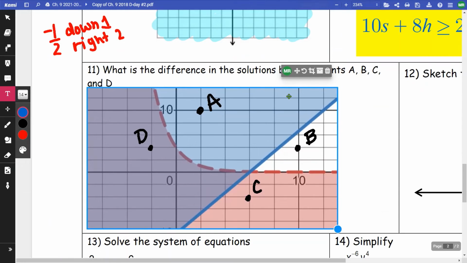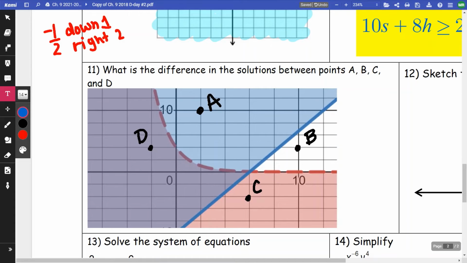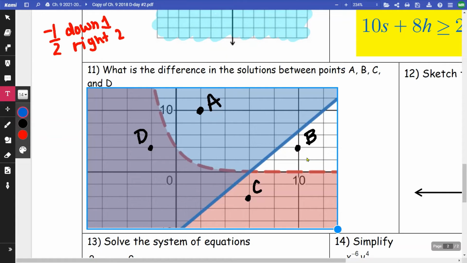To describe each of these pieces here, what is the difference in solutions between A, B, and C? Let me start by talking about the section in white.